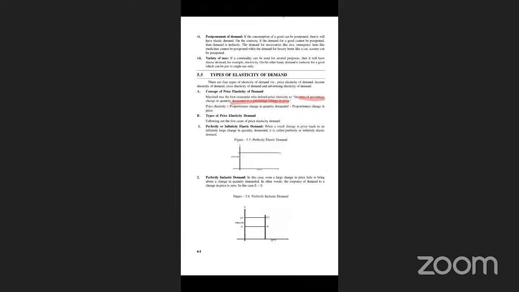The ratio of percentage change in quantity demanded to a percentage change in price. So here, price elasticity is calculated considering not exactly the quantity, but the change in the quantity, and it is divided by the proportionate change in price.